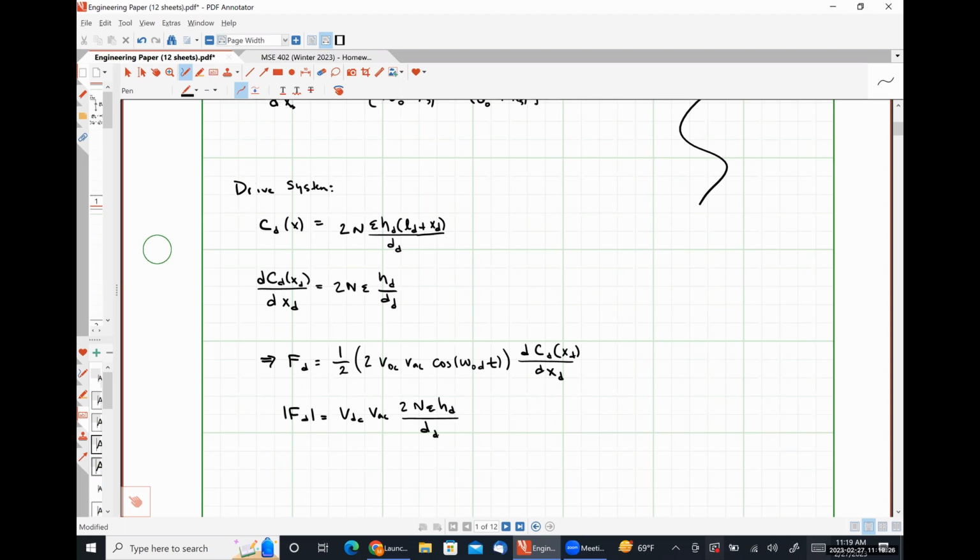And then because there are two actuators, I'm going to call this E for electrostatic force. I'm going to call this D is just twice the magnitude of F. So it should be 4.